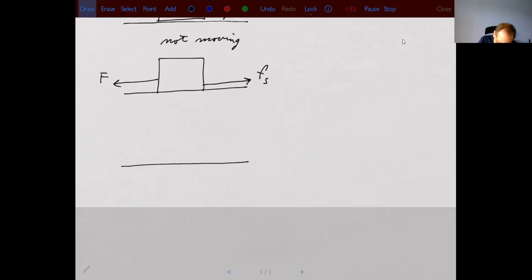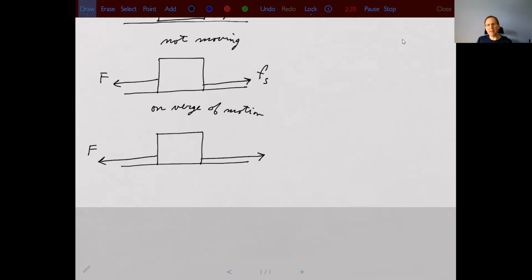So you pull even harder, and it's just ready to start moving, but it isn't moving yet. So this is still a static frictional force that's acting in this direction. It would have the same length, same magnitude. But since it's the largest that the static frictional force can be, we call this Fs max. It's the maximal static frictional force.